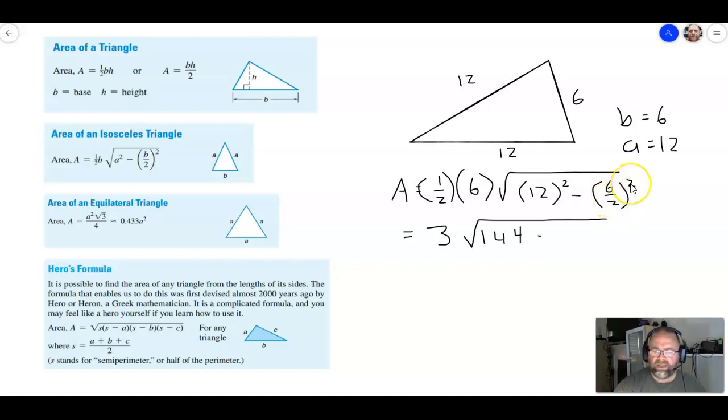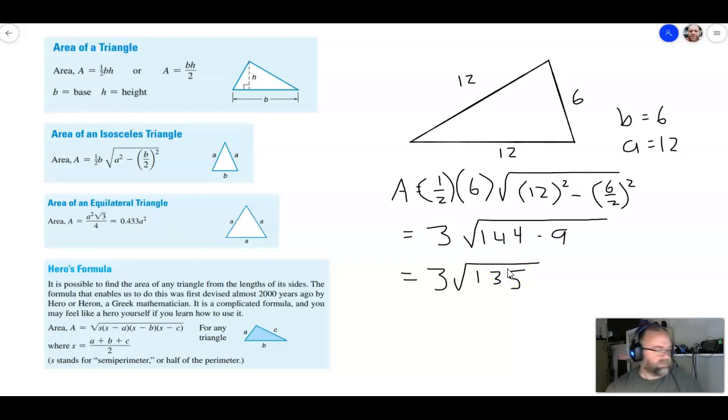So that would be 3 squared, which is 9. And then this is going to be 3 times the square root of 144 minus 9, which is 135. Square root of 135.